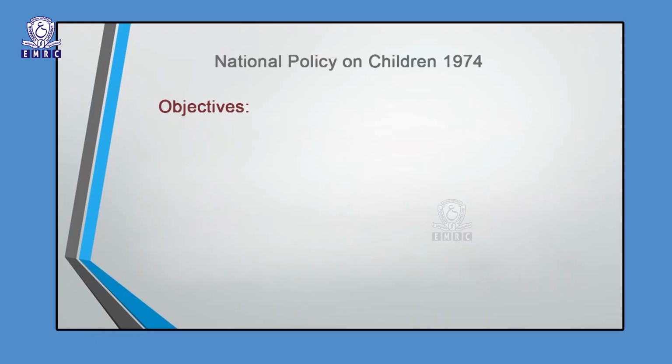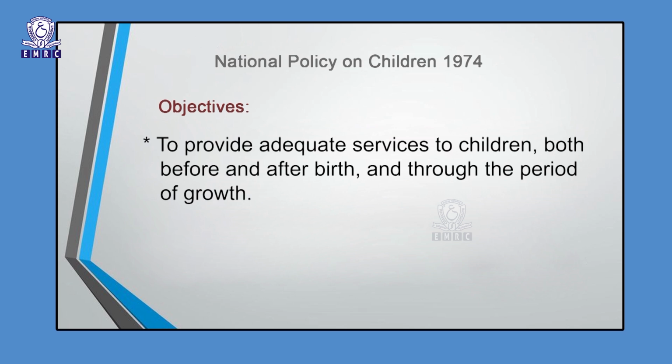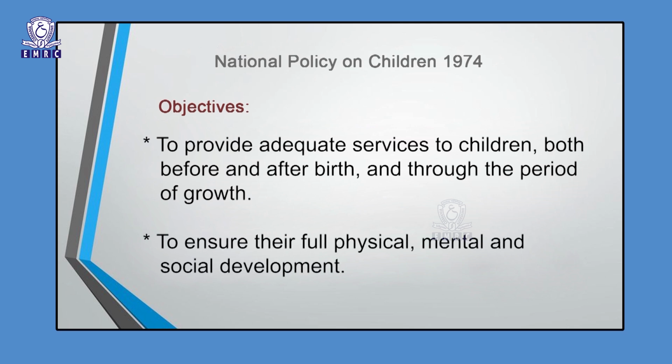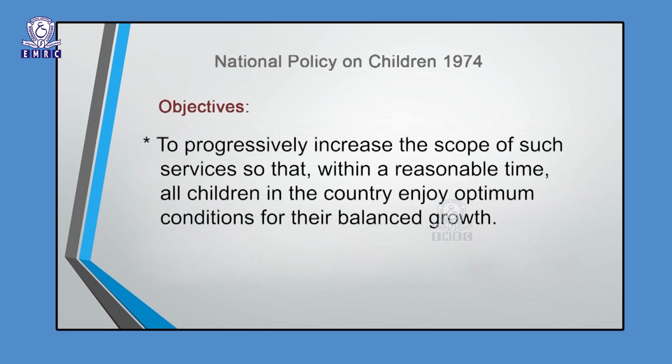The objectives of this policy are to provide adequate services to children both before and after birth and through the period of growth to ensure their full physical, mental and social development, and to progressively increase the scope of such services so that within a reasonable time all children in the country enjoy optimum conditions for their balanced growth.